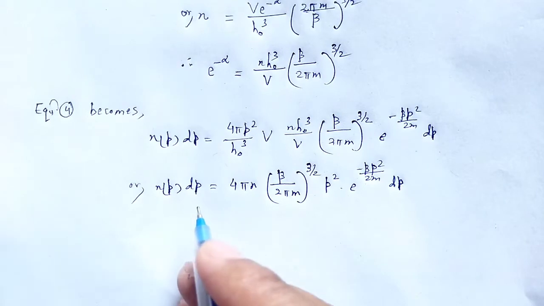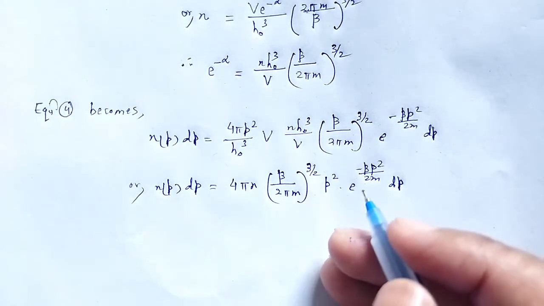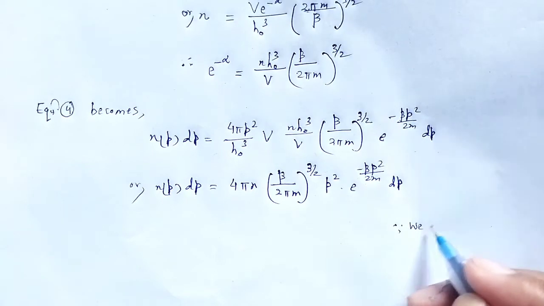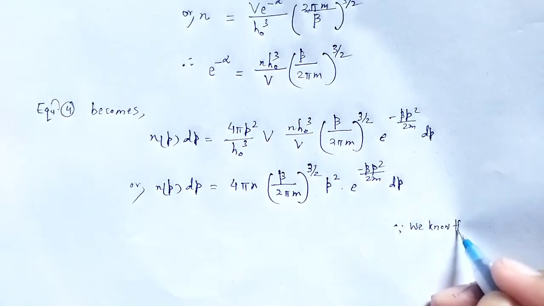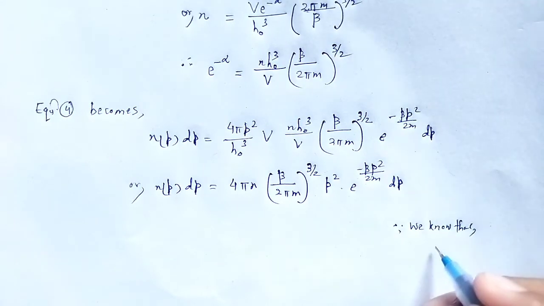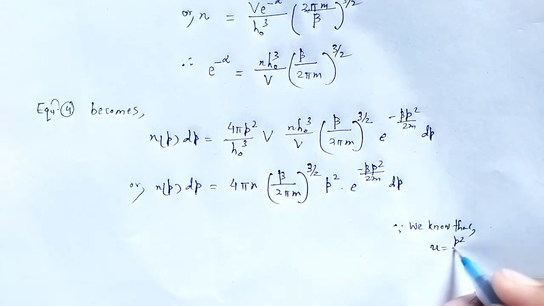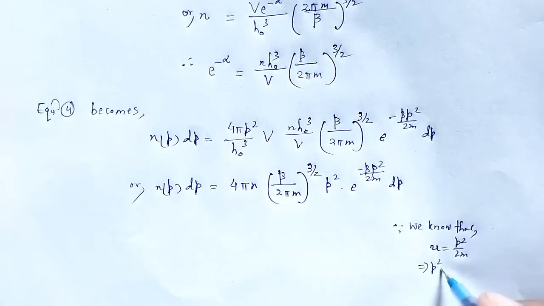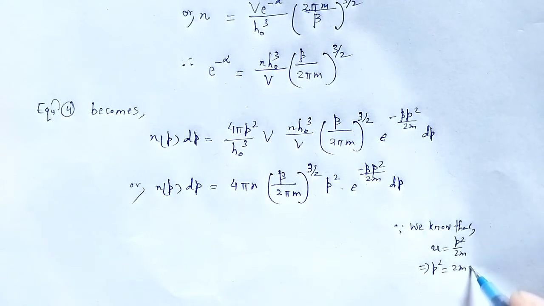Here we know that u is equal to p square by 2m, which implies p square is equal to 2mu.